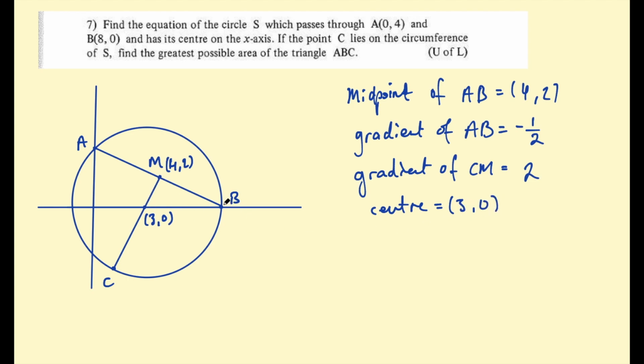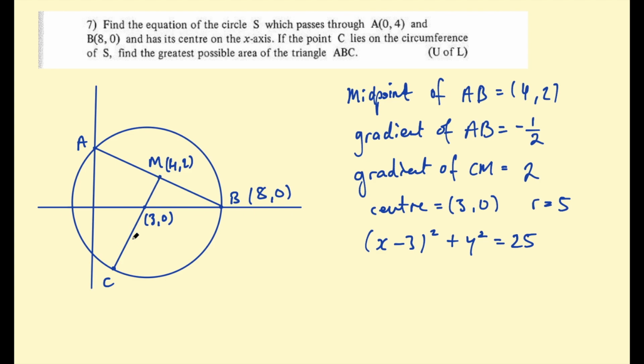And then we know the radius will be 5 because B was at (8, 0). So the distance from 3 to 8 is 5. So r equals 5. Then we have the equation of the circle, (x minus 3) all squared plus y squared equals 25. Okay, so that's the equation of the circle.